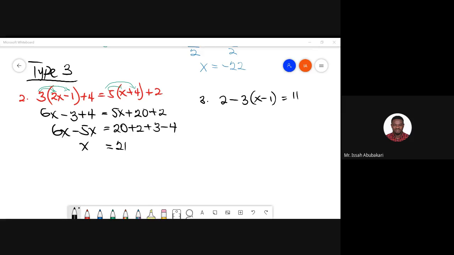What did you get? Okay, it seems everybody is getting minus 2. Or some of you are just writing minus 2. Okay, we shall see.